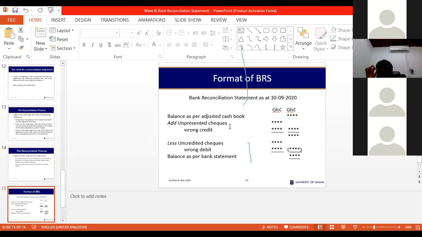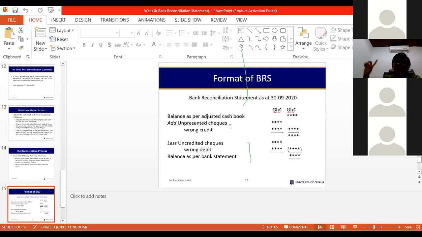Because in our cash book, when we issue a check, we credit our bank column and debit the supplier. And the supplier takes the check away. But if the supplier does not present it at the bank, we would have to assume. Remember, the business wants to agree its balance with that of the bank.